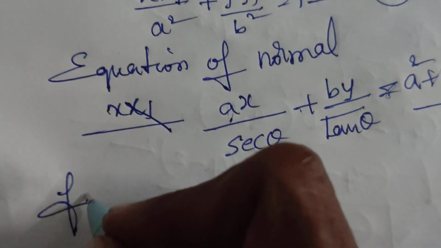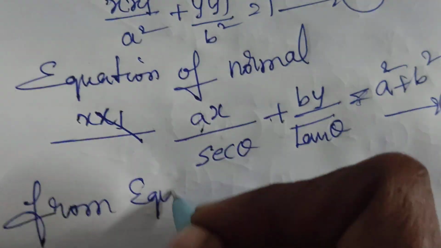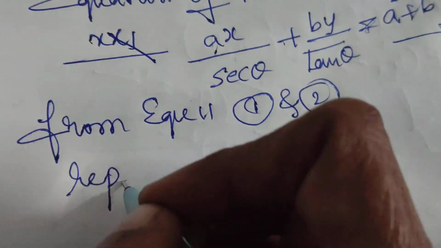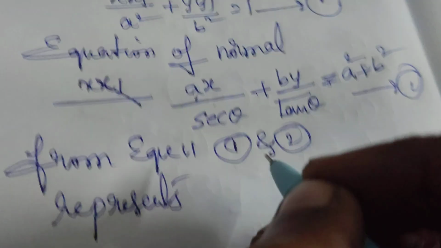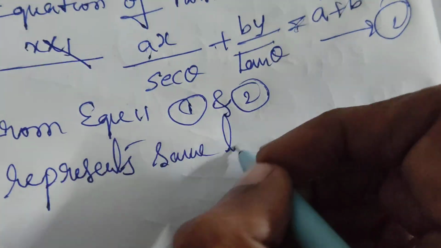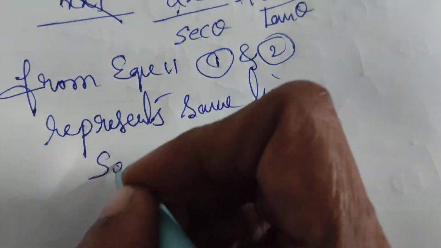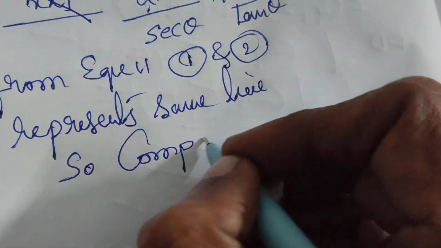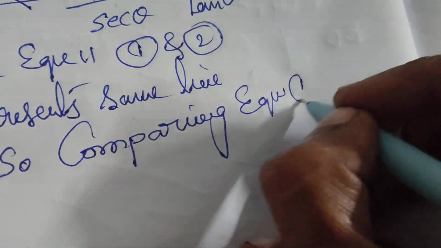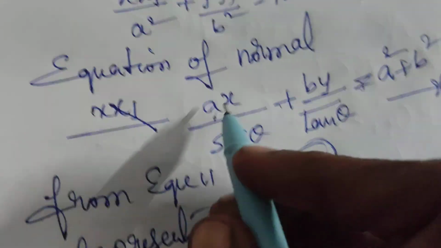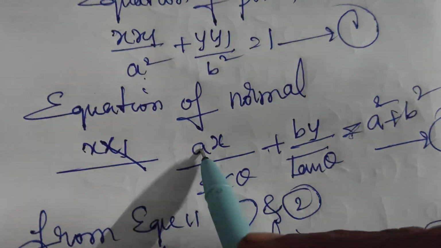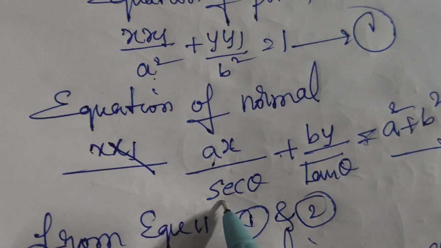From equations 1 and 2, they represent the same line. So comparing equation 1 and 2: in equation 1 the x coefficient is x1 by a square, and in equation 2 the x coefficient is a by secant theta.